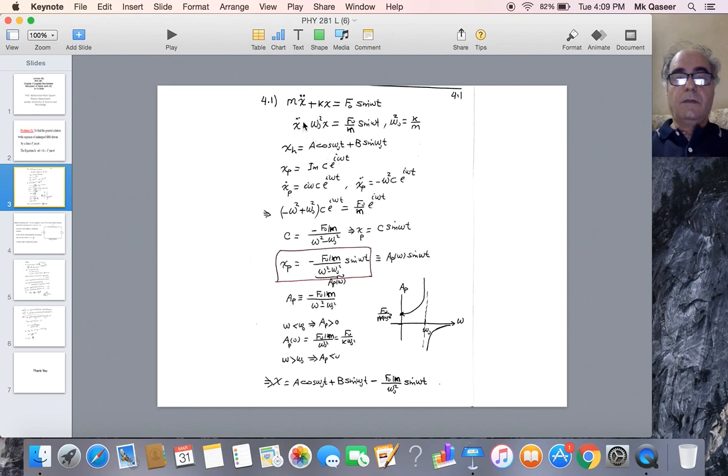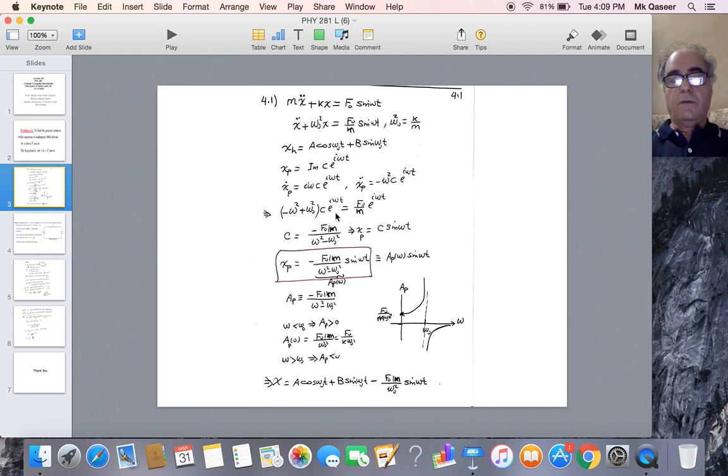Now we need x double dot, which is minus omega squared c e to the i omega t, and we need x, which is c e to the i omega t. Then substituting in the equation of motion, we get minus omega squared plus omega 0 squared, times c e to the i omega t, equal to F0 over m times e to the i omega t.